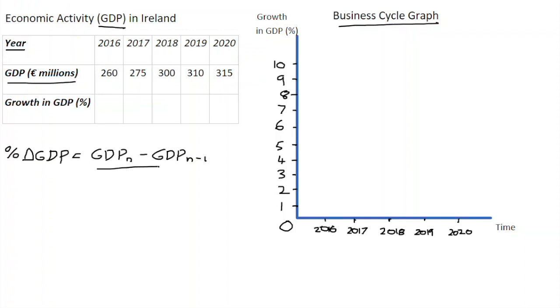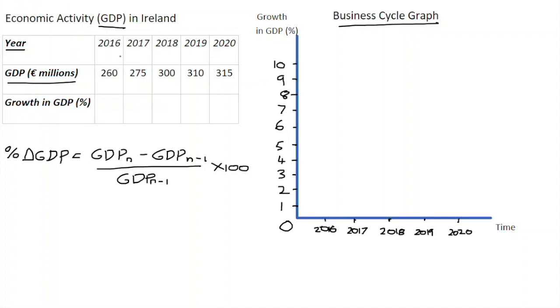We will divide all of that by GDP in the previous year, so GDP N minus 1, and we will multiply all of that by 100 to get it in percentage terms.